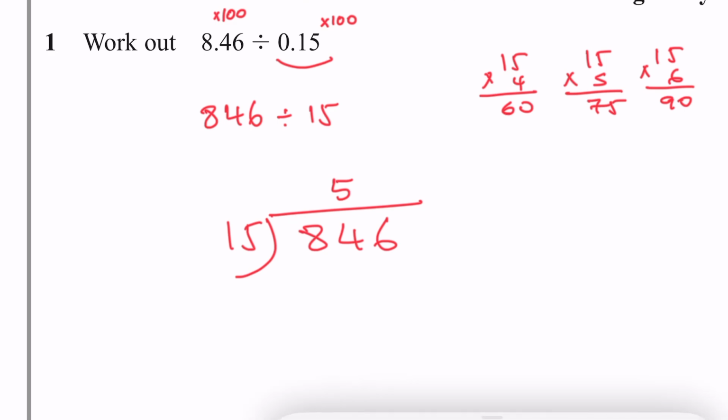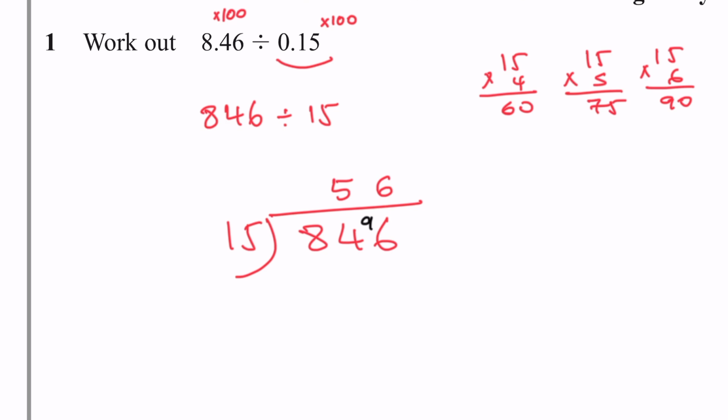So we said 5 times 15 is 75. 75, to take it away from 84 is 9 left. Then now we're going to divide 96 by 15, which is 6, because 6 times 15 is 90. That's the closest below 96. 6 times 15 is 90.